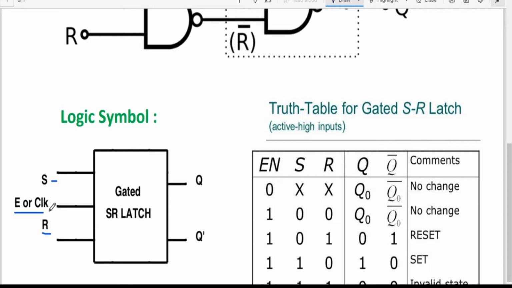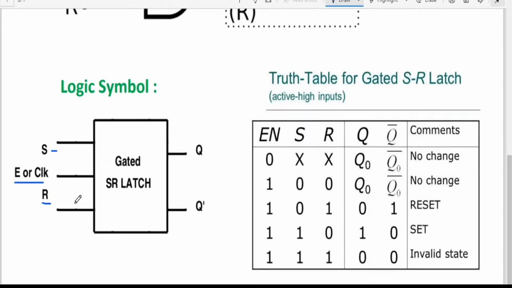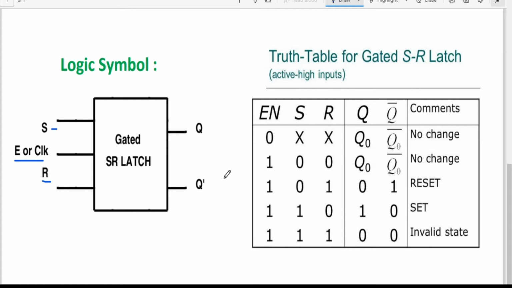Based on this input, the entire gated SR latch is going to perform, and the output will be completely dependent on what the enable input is going to be. In the truth table also, apart from the S and R inputs that we had already seen in your SR latch, we have an additional input that is coming. We call it an enable input. In some textbooks you can find, instead of enable, a clock. So both are one and the same.